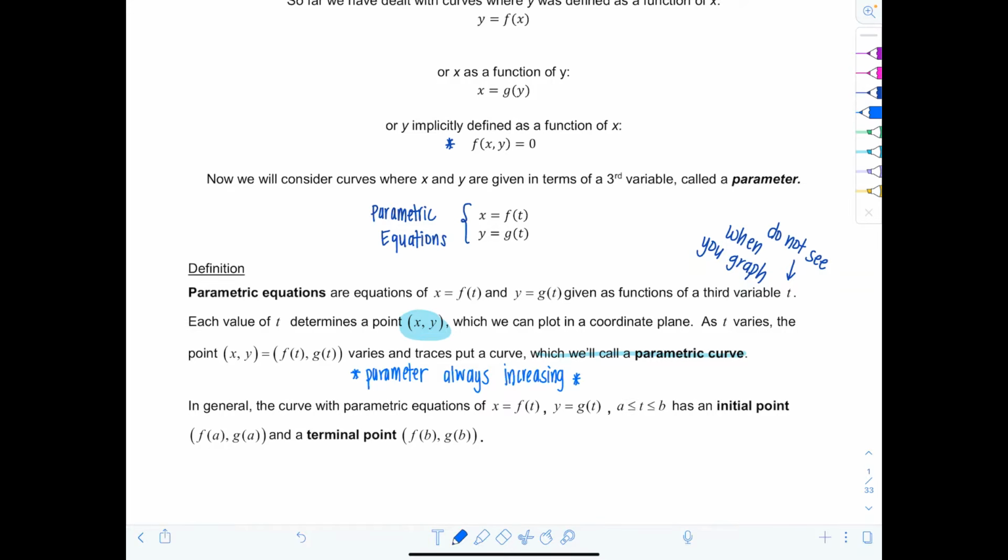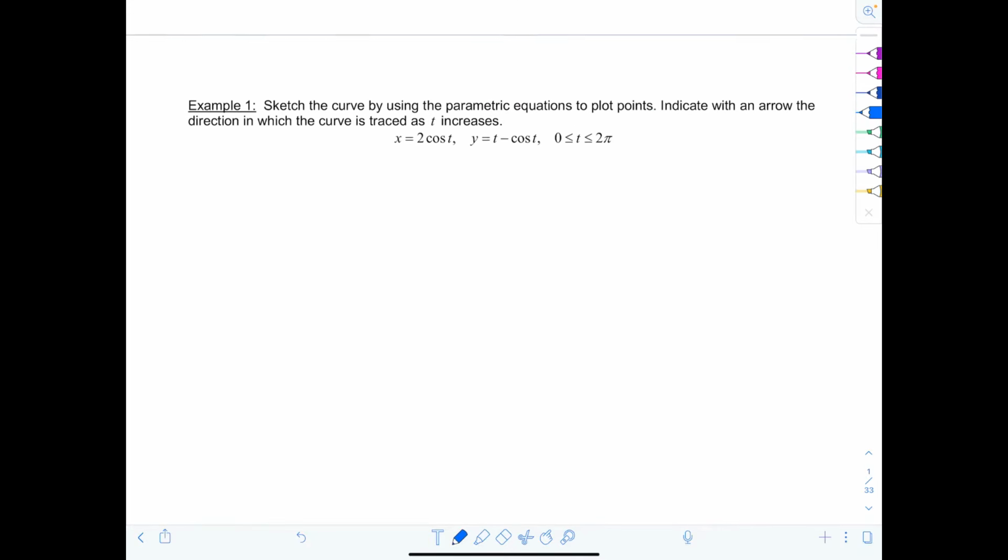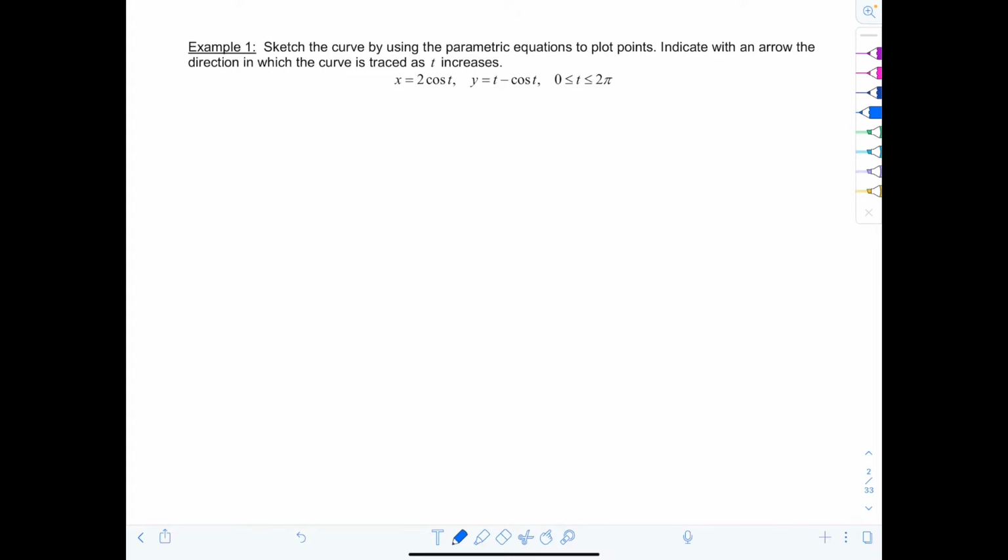All right, so we will start off just nice and easy breezy and just plot some points and get a feel for what's going on. So example 1, sketch the curve by using the parametric equations to plot points. Indicate with an arrow the direction in which the curve is traced as t increases. So notice in this case, they are giving me limits on the parameter. T is only varying between 0 and 2 pi.